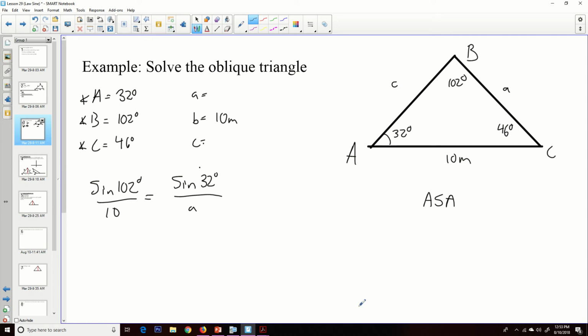So cross multiply and divide, and I'll get a equal to 10 sine 32 over the sine of 102. And all we have to do is plug that into a graphing calculator.